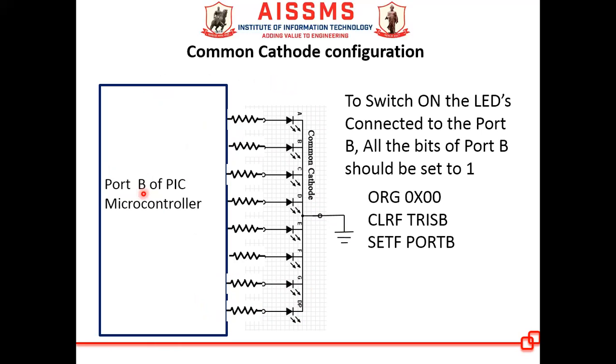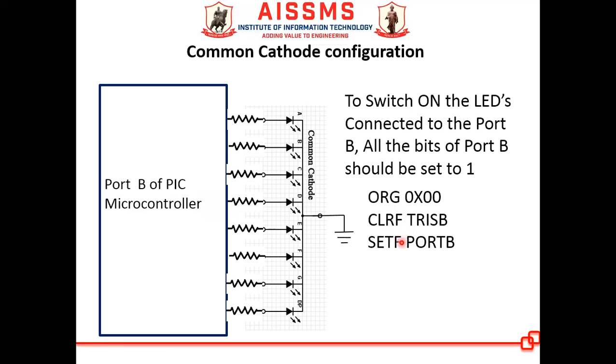The register which is used is TRIS register, TRISB. When you clear TRISB register, the port B will be configured as output port, and then you can send the data.